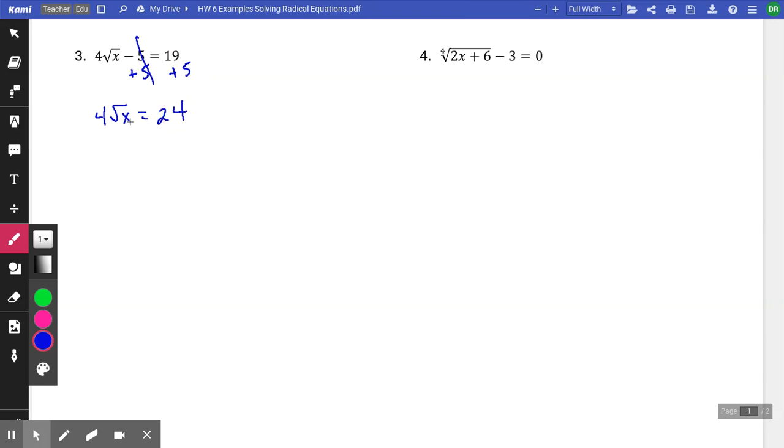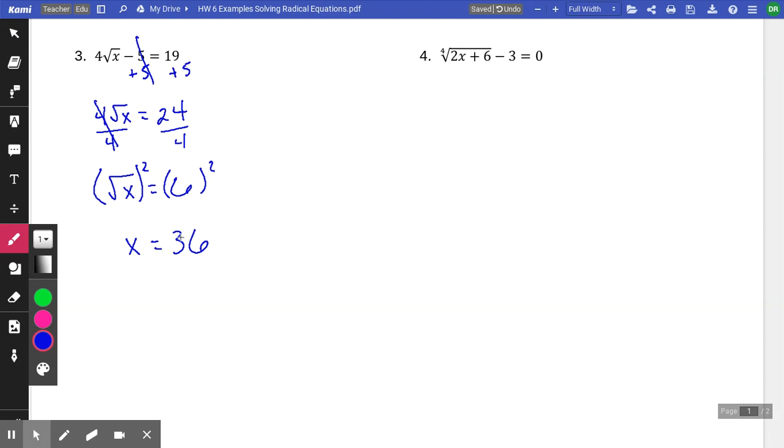We still need to divide by 4 to cancel this here. So we'll divide on the right side. Now we have the square root of x equals 6. And because over here now all we have is the square root of our variable, now we're ready to cancel that radical with an exponent of 2, which means we'll use exponent 2 here. And we get x equals 36.